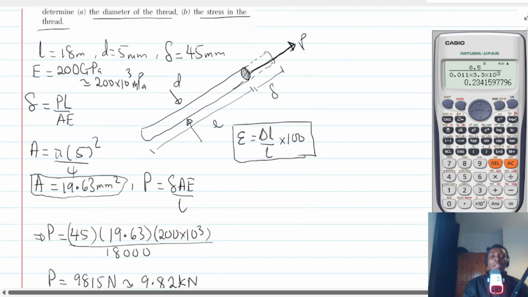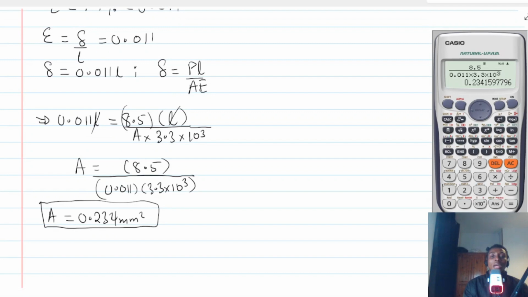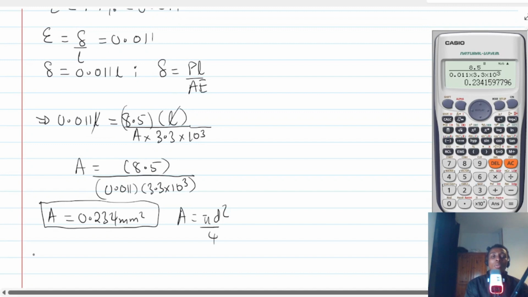So we can now find the diameter. Okay, so the area is pi d squared over 4, which means that the diameter will be the square root of 4 multiplied by the area divided by pi.